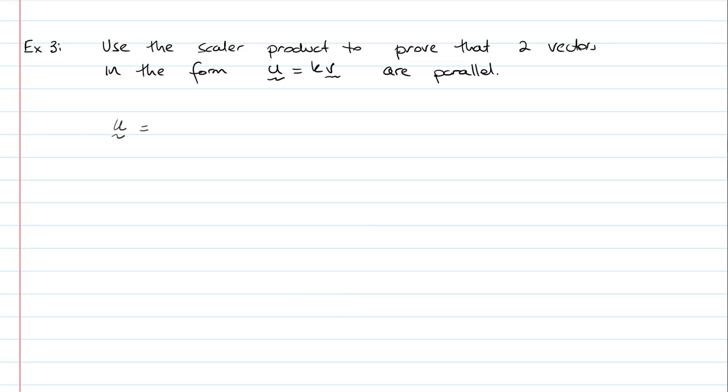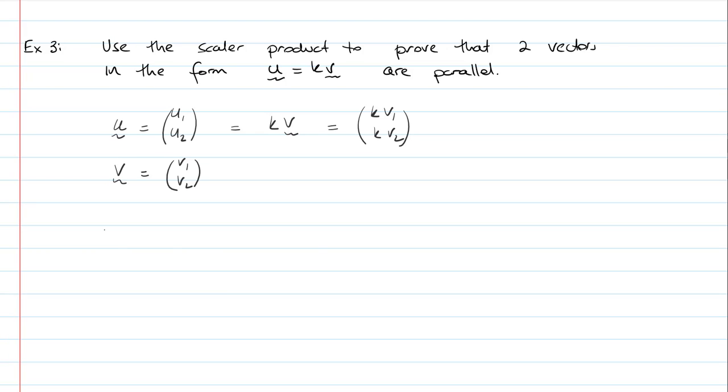Let u equal (u1, u2), and v equal (v1, v2). And hopefully you agree that u is equal to k times v, and therefore it can also be written as (kv1, kv2). So there's our first thing.